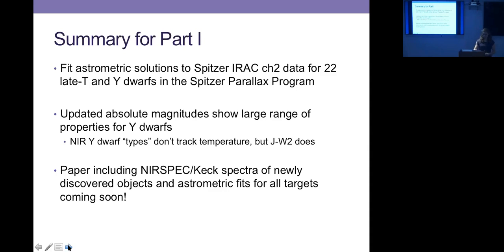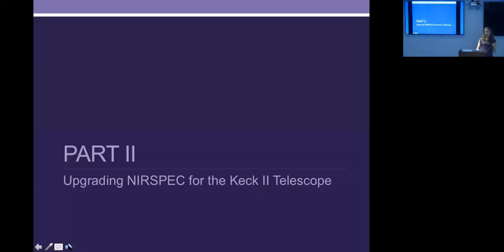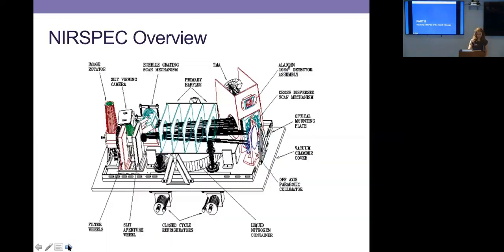All right. So I'm going to move on now to part 2 of my talk, in which I talk about work that I have done working in the UCLA infrared lab to upgrade the NIRSPEC instrument for Keck. So to give you a very brief overview of NIRSPEC, first off, I apologize for the very old mechanical SolidWorks drawings.